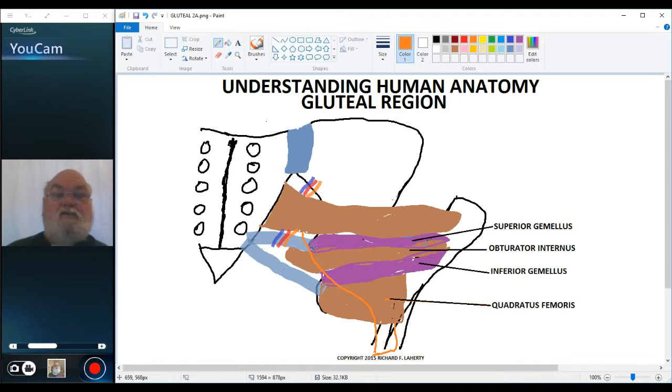And it's an extremely thick nerve, much thicker than any other nerve you've seen in a cadaver. And let me color it in.